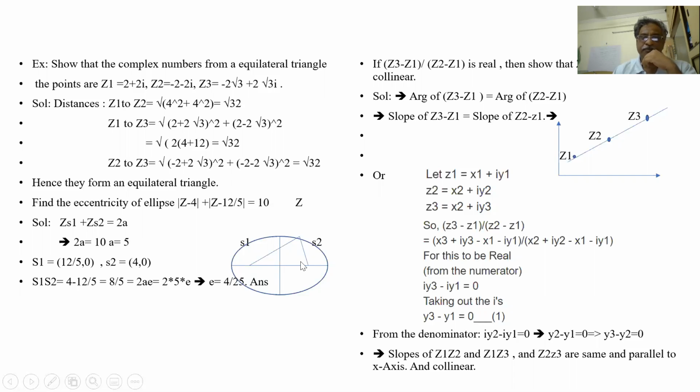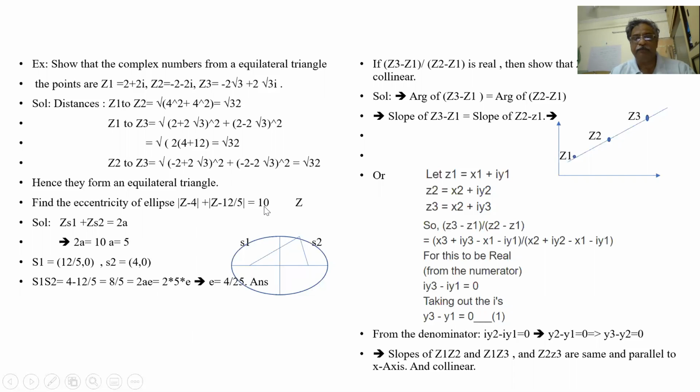This is ae, this is ae, so total ae plus ae, 2ae. S1 s2 is 2ae, so we can find out the eccentricity is 4 by 25. So we should have the knowledge of ellipse and you should know how to identify these.